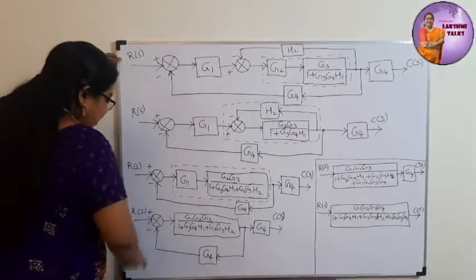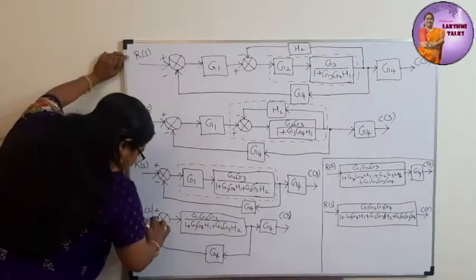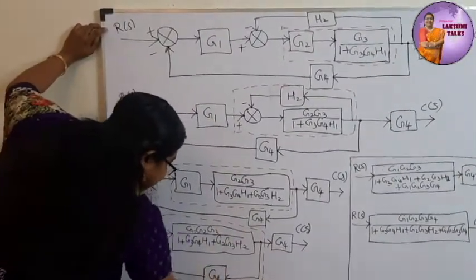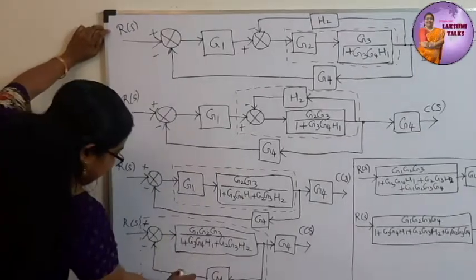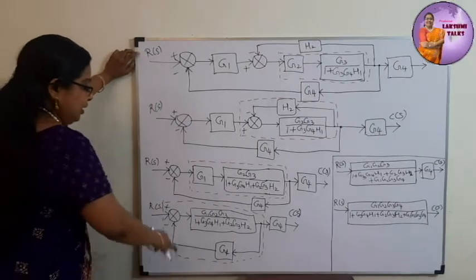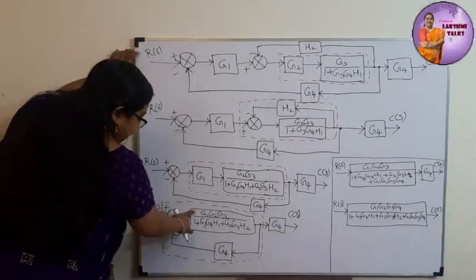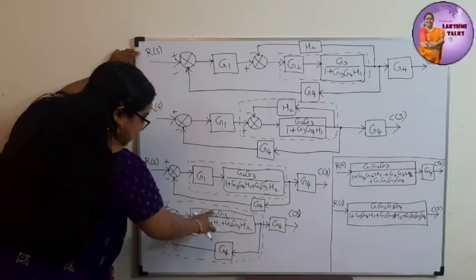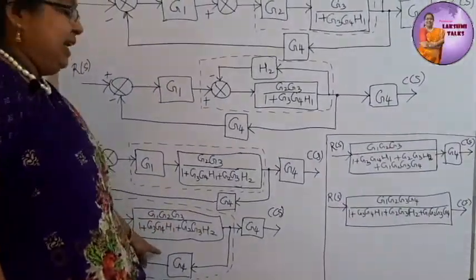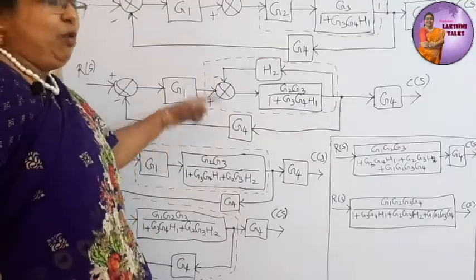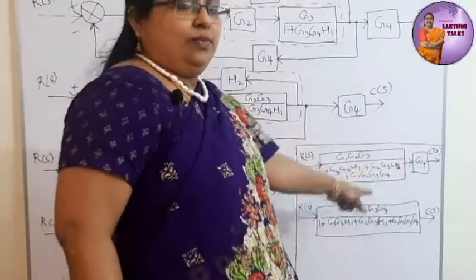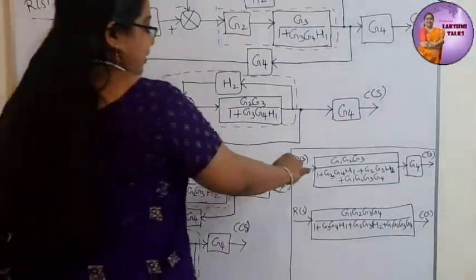Now this appears to be a simple feedback path, forward and negative feedback, right? So this will be simplified as this block divided by 1 plus this block into this block. With this reduction, the entire block is simplified and we have just 2 blocks in series.